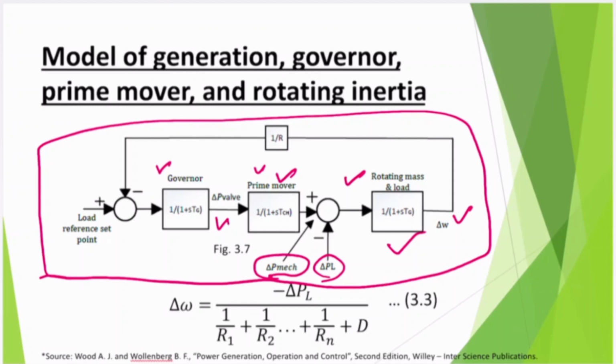is captured starting from the load reference point. So you have to have the load reference point, and then whatever the practical delta omega you get needs to be fed back as a feedback mechanism to know whether you further need to change your valve or change your speed and then change your frequency. So this keeps on changing.